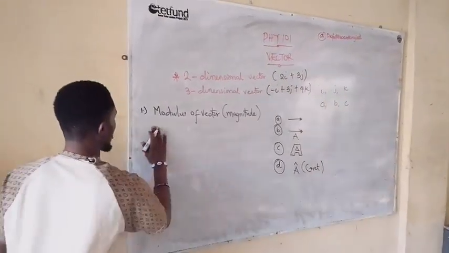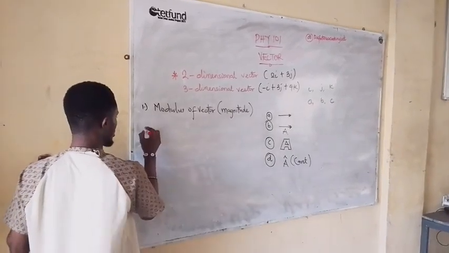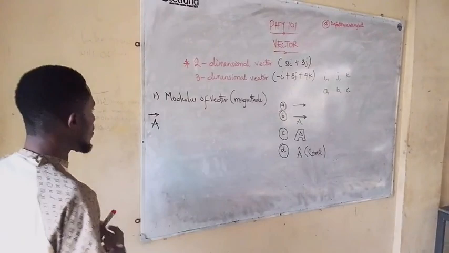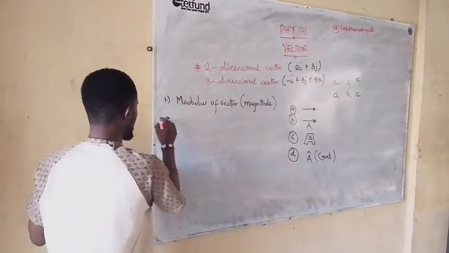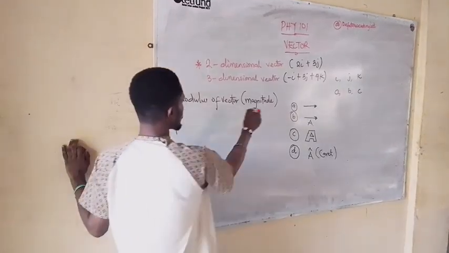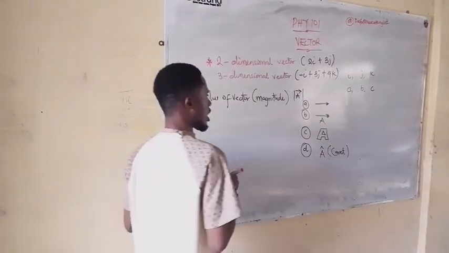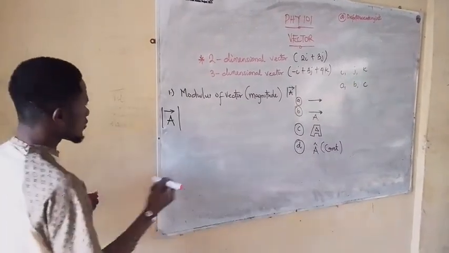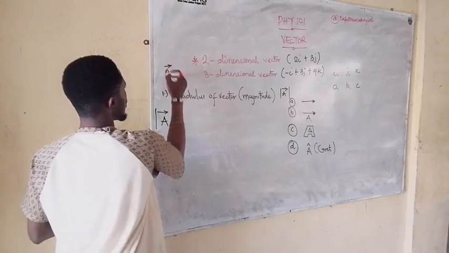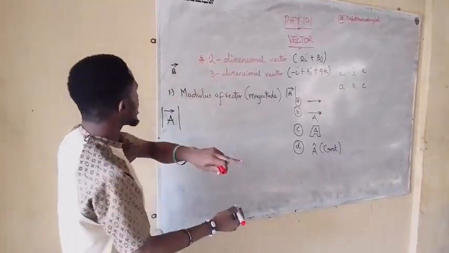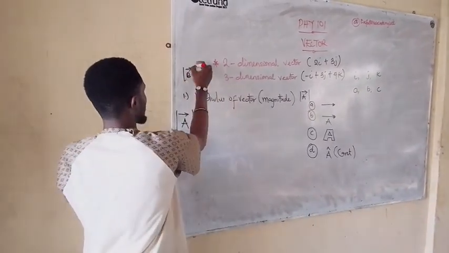If I'm talking about vector A, I'll simply write vector A. But if I'm finding the modulus of this vector A, it has this formula. Modulus is denoted by the bar of that particular vector. If I was given vector B, a position vector, and I'm to find the modulus of this vector, I'll simply do this.